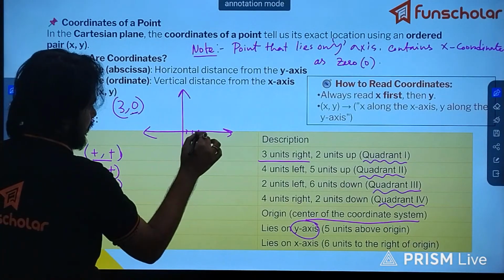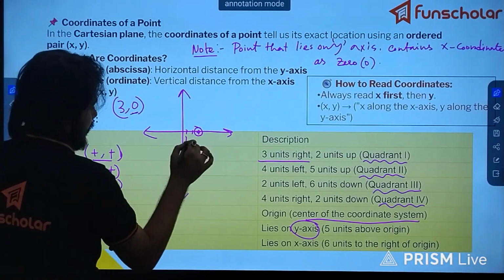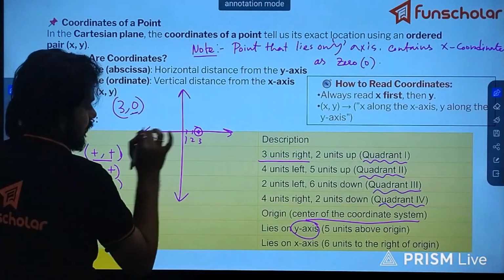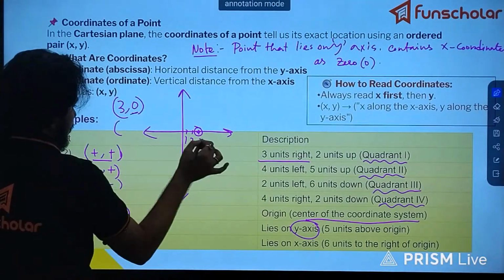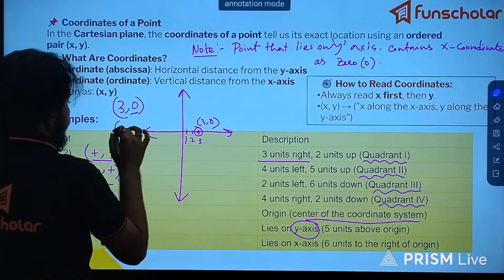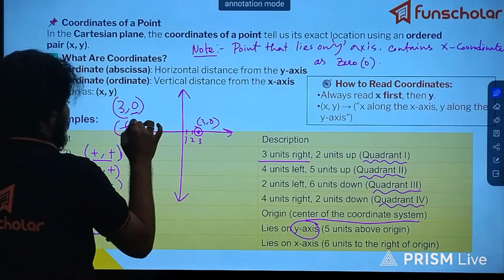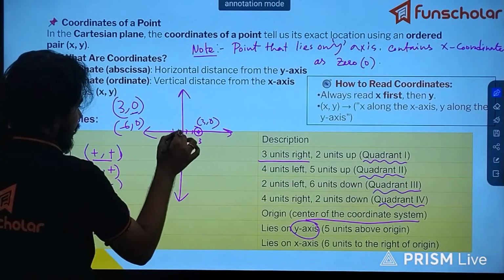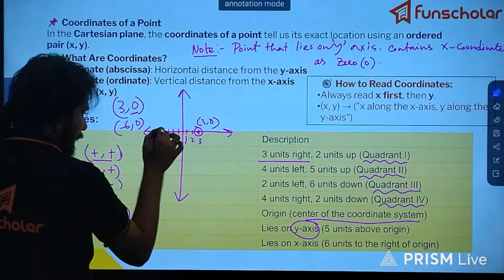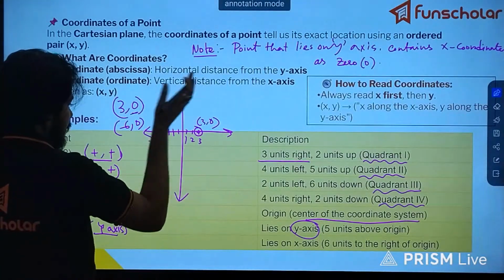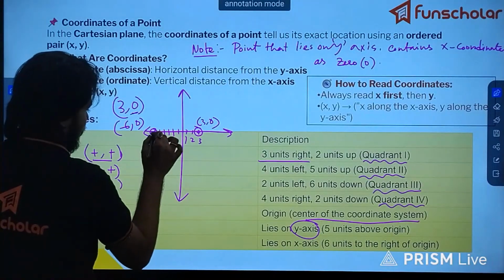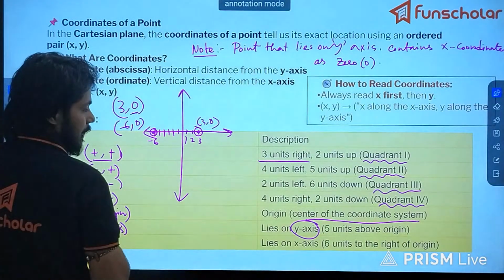We will stick to this particular point. So 1, 2, 3, this is 3, 0. What if I tell you to plot -6, 0? Then -1, -2, -3, -4, -5, -6. This is -6 and 0. 0 means not to go upward and not to go downward. We'll stick to this particular number line.